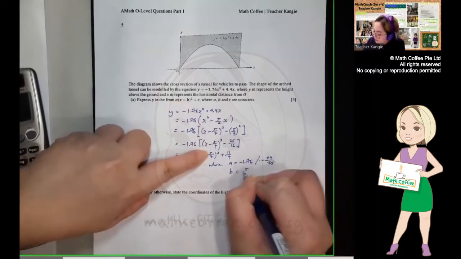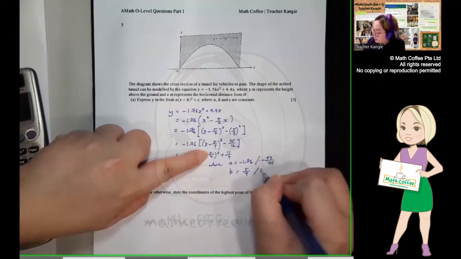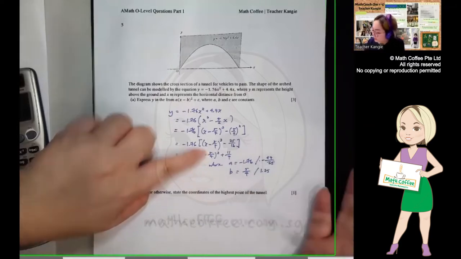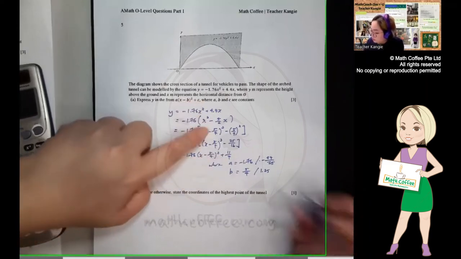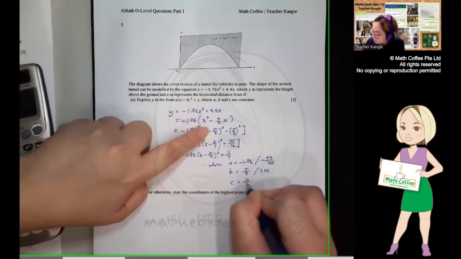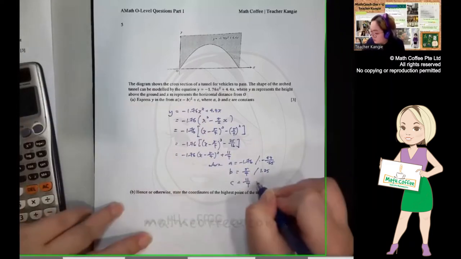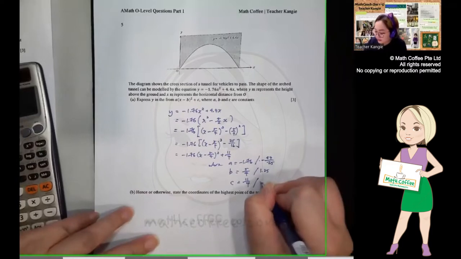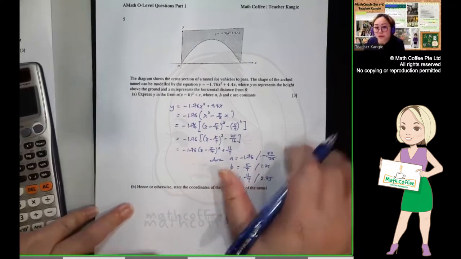So my B is 5/4. You want to put a decimal which is 1.25, it is also fine. C, over here is plus 11/4. So I just write C is 11/4. Again, you want to put it in decimal, it's also fine because it's a nice terminating decimal. So this is 2.75. Okay, so that's for part A.